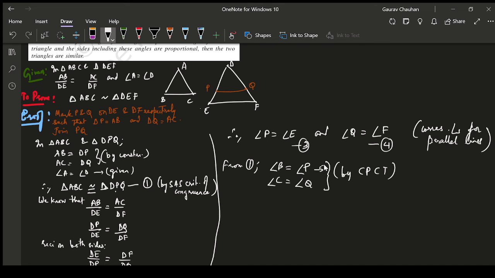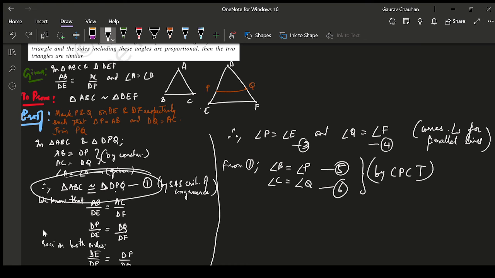Let's mark this as equation number 5 and equation number 6. I don't know where I left equation number 2, and yeah, let's check it. So this is 5, this is 6, and both of these have the same reason by CPCT, corresponding parts of congruent triangles, which is here, and the triangles are here.